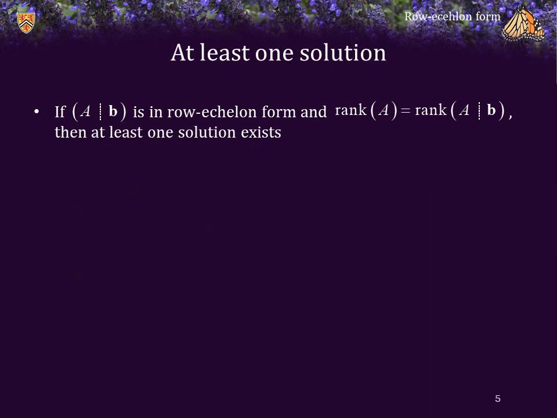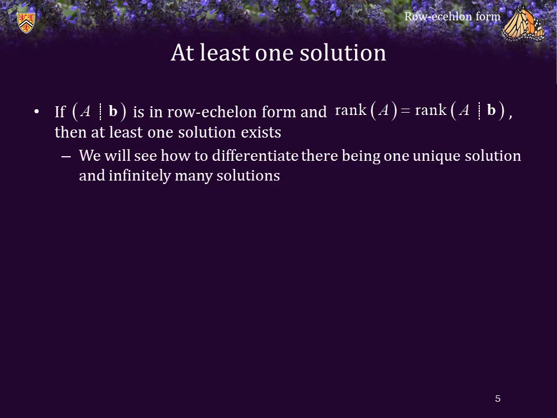Now, if the augmented matrix is in row echelon form and the rank of the matrix A equals the rank of the augmented matrix, then we are guaranteed at least one solution exists. We will see how to differentiate there being one unique solution and there being infinitely many solutions.